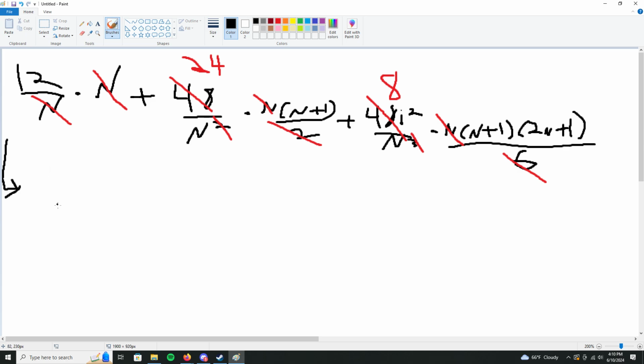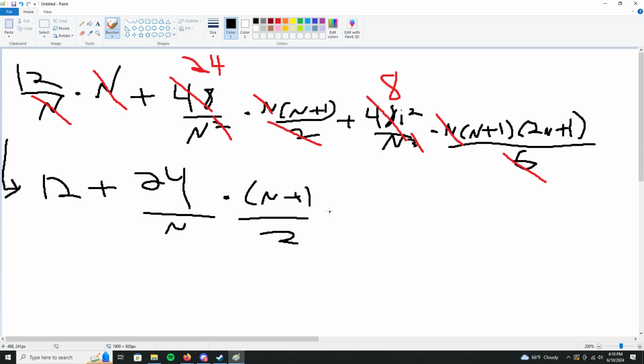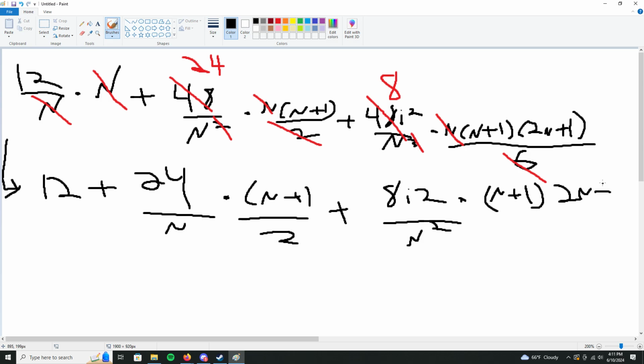Okay, one more time. We have 12 plus 24 over n times n plus 1, plus 8 over n squared times n plus 1 times 2n plus 1, which isn't over everything now.